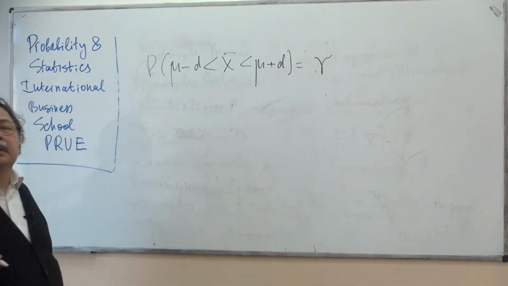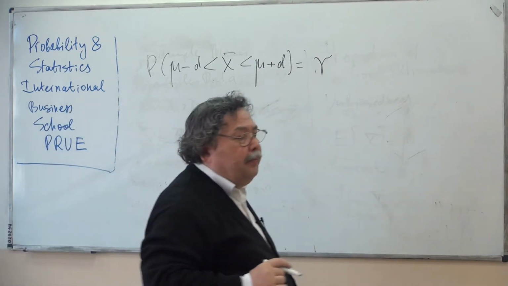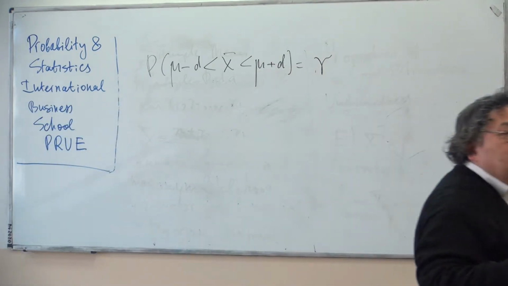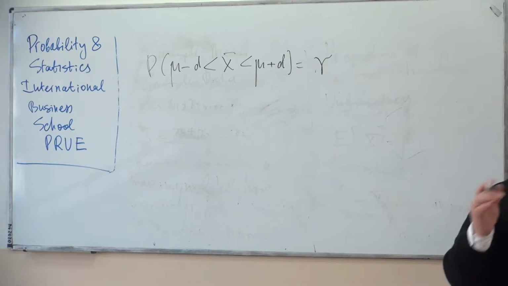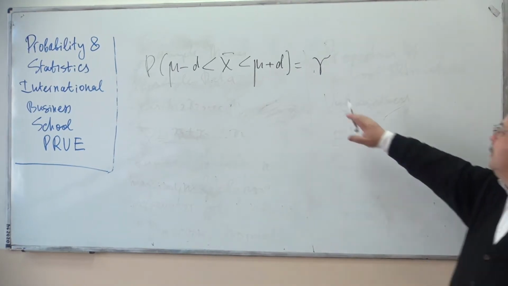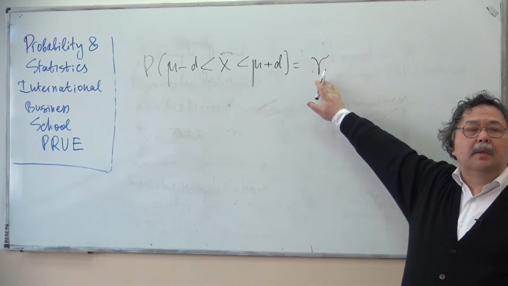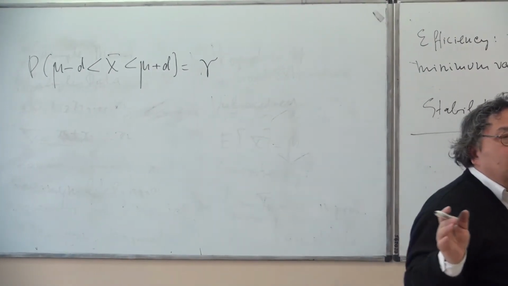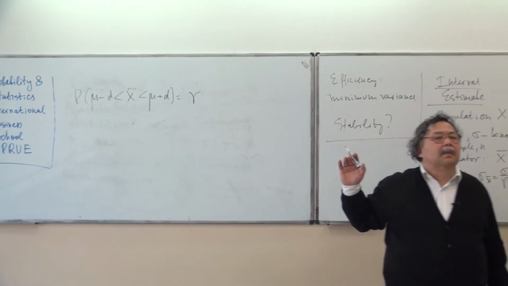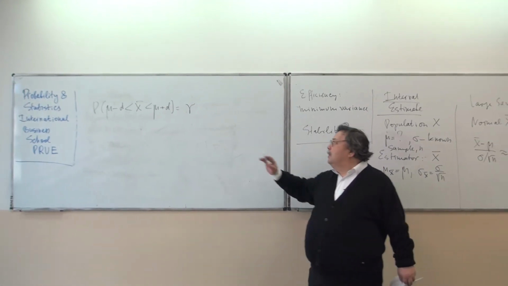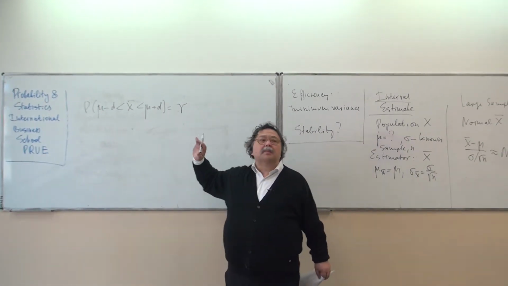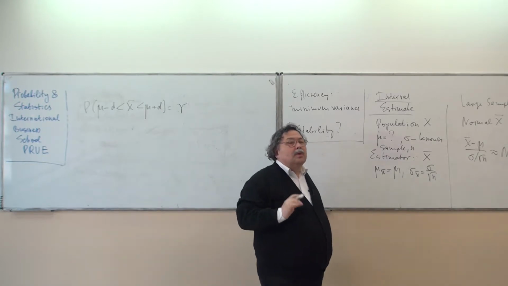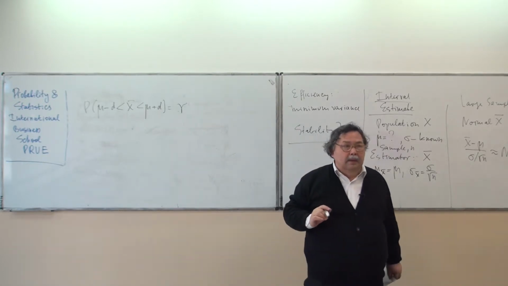So what do I mean by this? Let's set a certain value of probability that we denote by gamma here. In just a short while, I'll explain what it means. So far, let's just say that gamma is a probability close to 1.